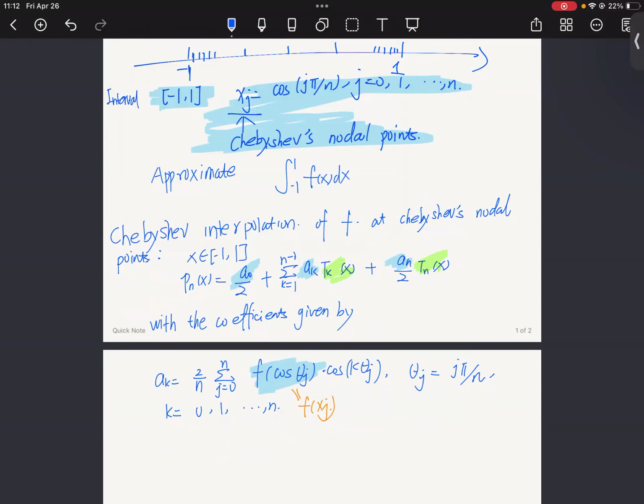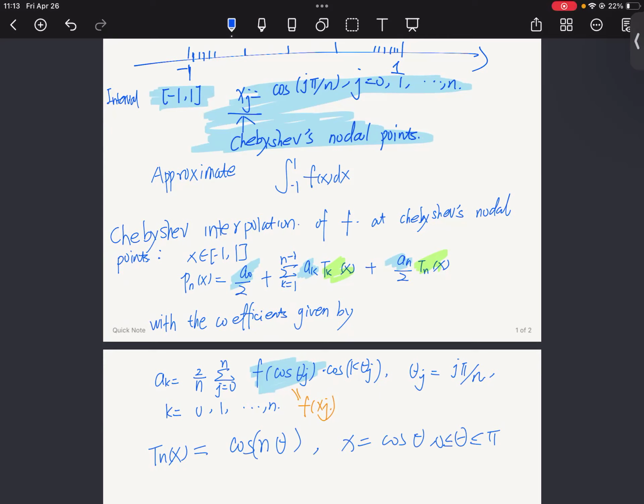For the Chebyshev interpolation, T_n(x) is defined as cosine n theta, where x equals cosine theta, and theta is between 0 and pi because the x value is between -1 and 1.